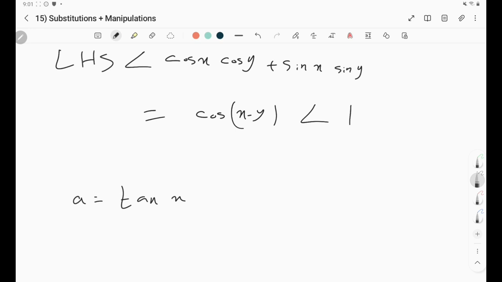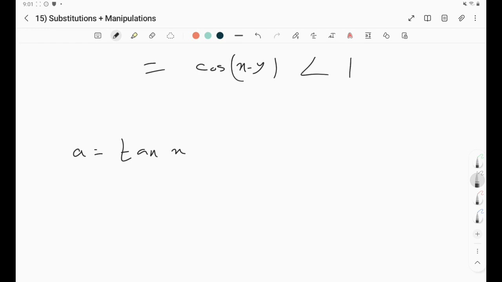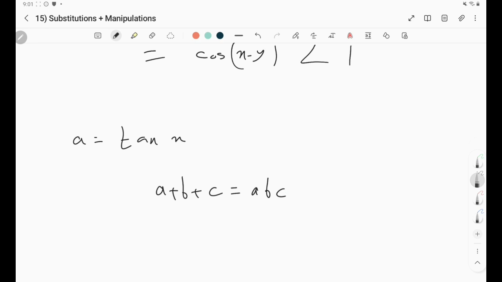Each function has, let's say, special characteristics. So in each question you really have something special. For example, there is a nice property for the tan. Let's say you know in some question that a plus b plus c equals abc.